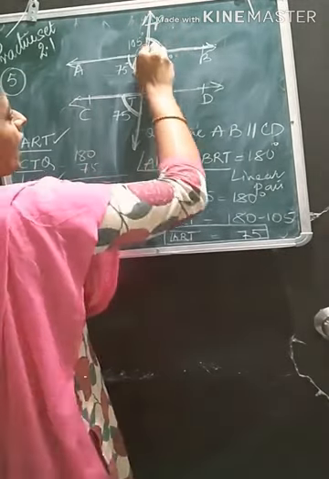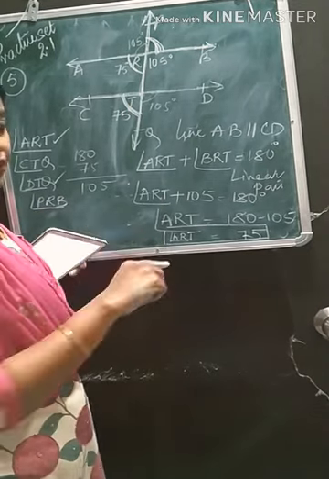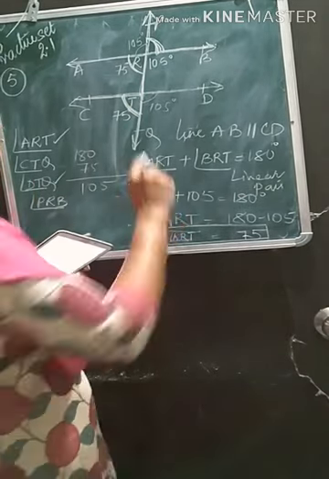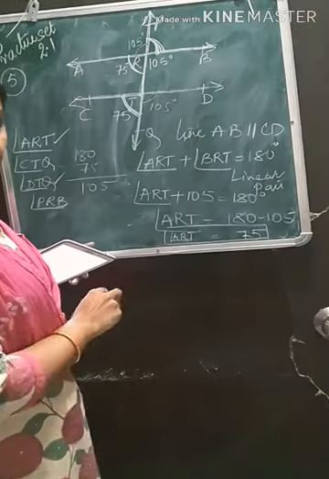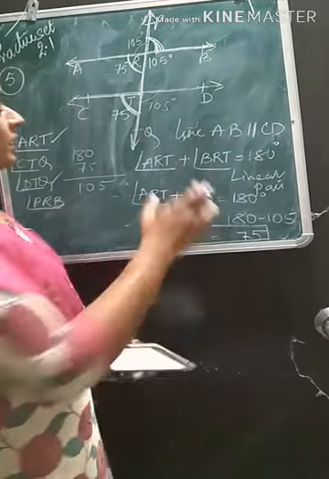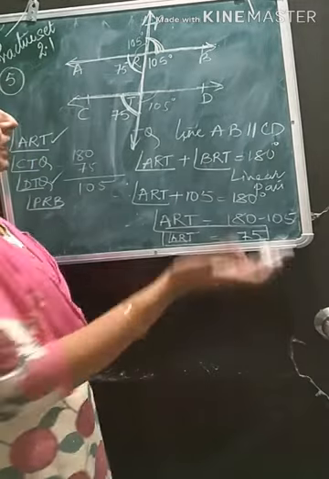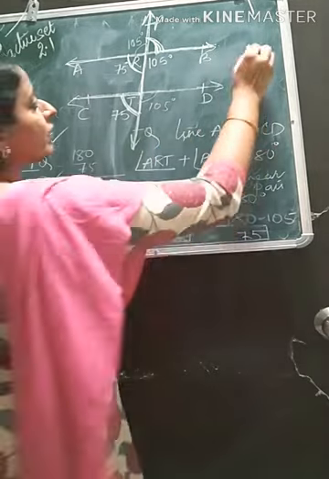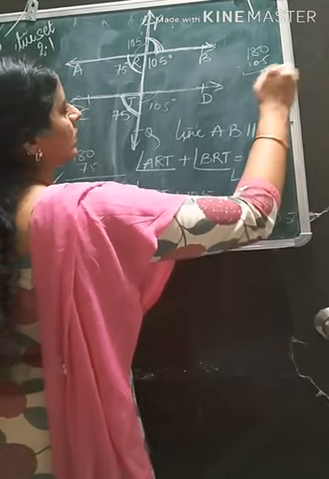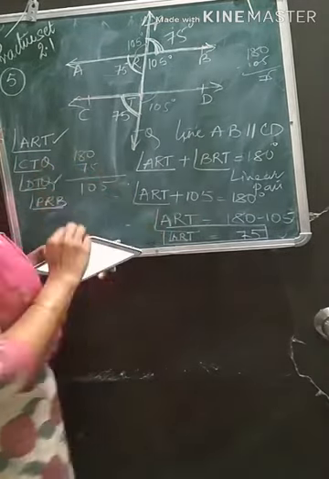So angle PRB is congruent to angle CTQ, reason external alternate angles. If this is 75, this will also be 75. Or, as I told, you can use the linear pair formula, that is 105 plus PRB is equal to 180. 180 minus 105 will be 75. So by this method or that method, the answer you get is 75 degrees.